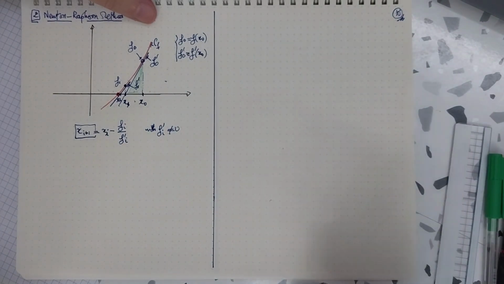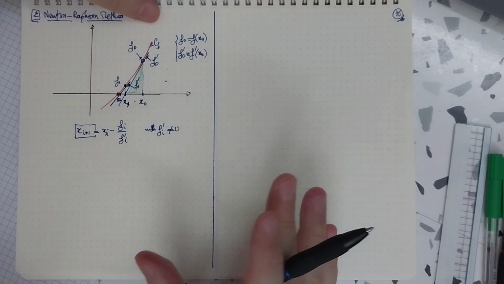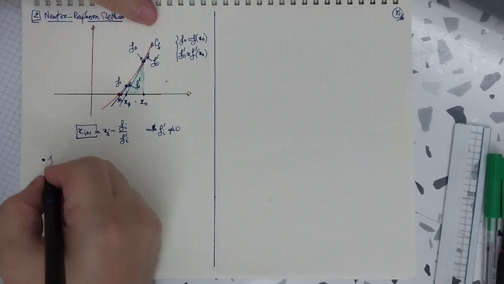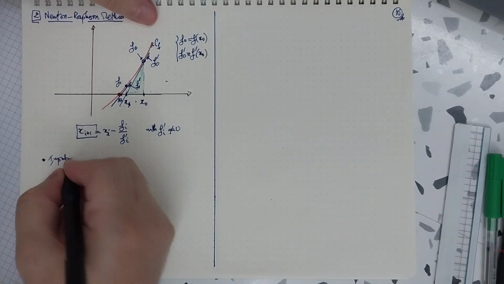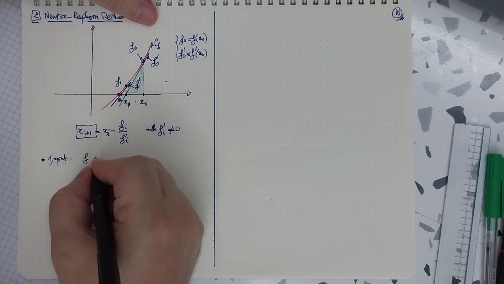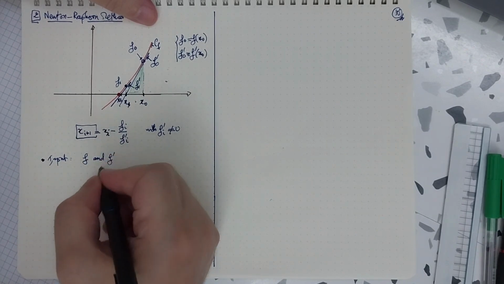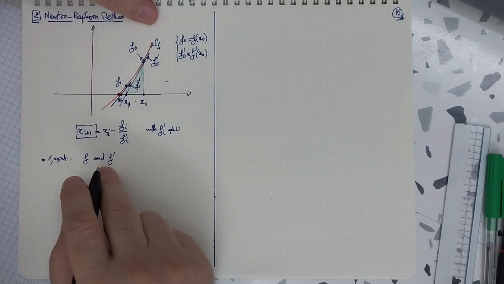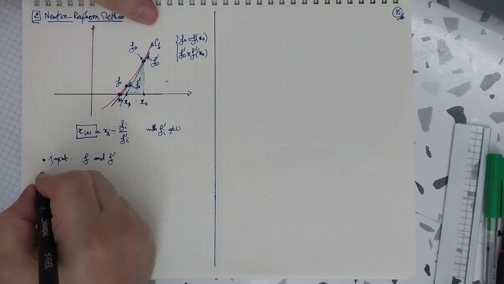So the first thing to observe here is that in the input we need both f and f prime. And this is a disadvantage because you have to calculate the derivative and you have also to evaluate it at each iteration.